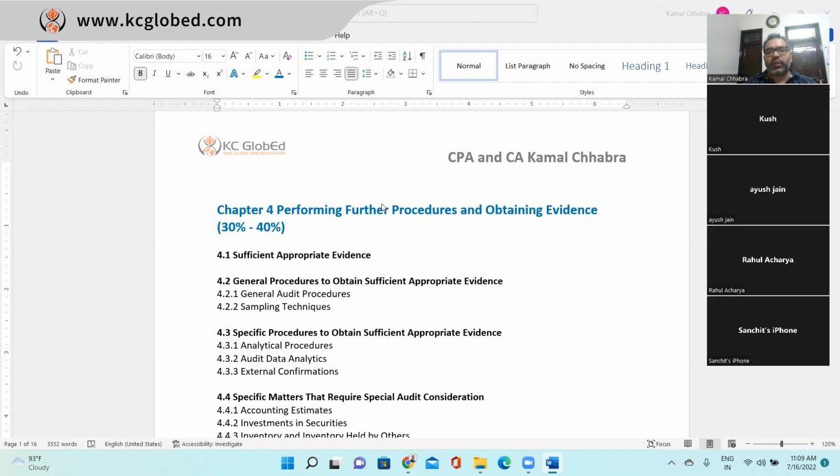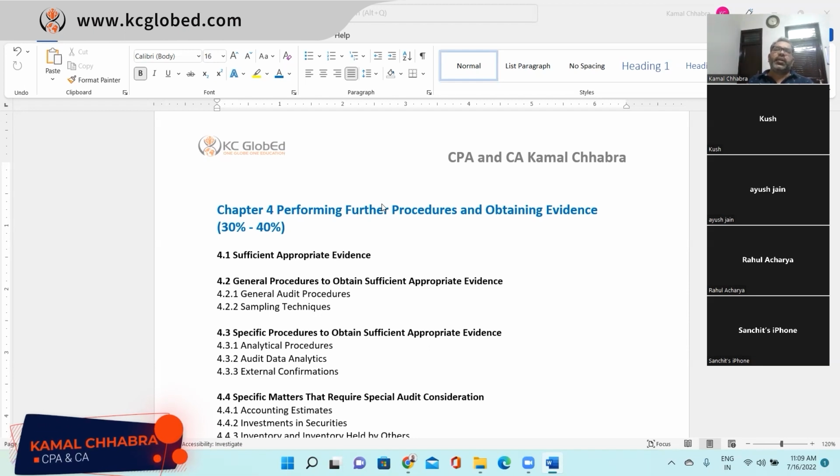Then after 4.3, if you see, specific procedures to obtain sufficient appropriate evidence. After this sampling technique, we have a summary in your books, and I'm adding it in my notes as well. That will give you a complete high-level overview of what audit procedures you need to perform for each financial statement line item.